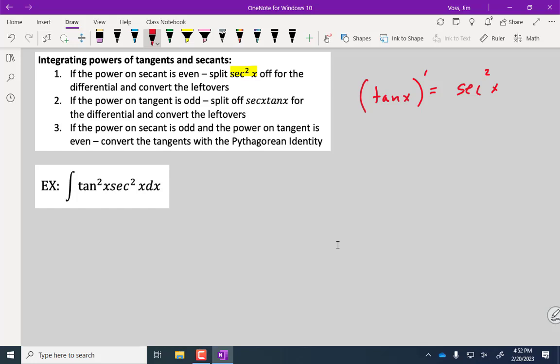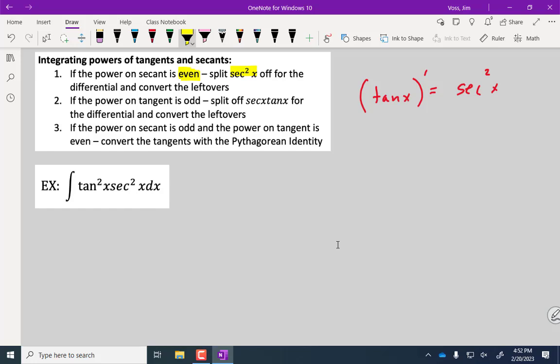So if we're going to pull off secant squared, we want to let u be tangent, because the derivative of tangent is the secant squared that we pulled off. Secant has to have an even power, because if we pull off secant squared, then it will still have an even power. And you can convert secant to an even power to tangents with the Pythagorean identity.